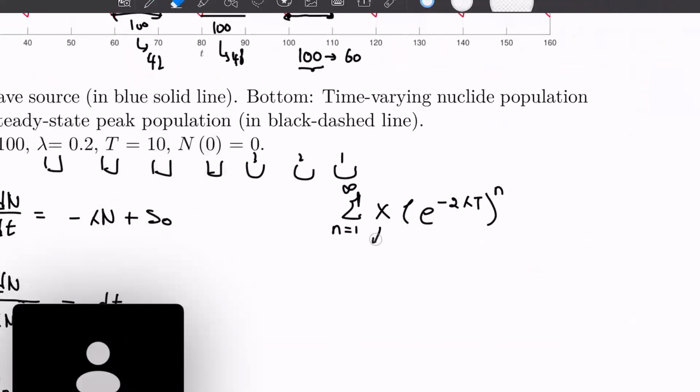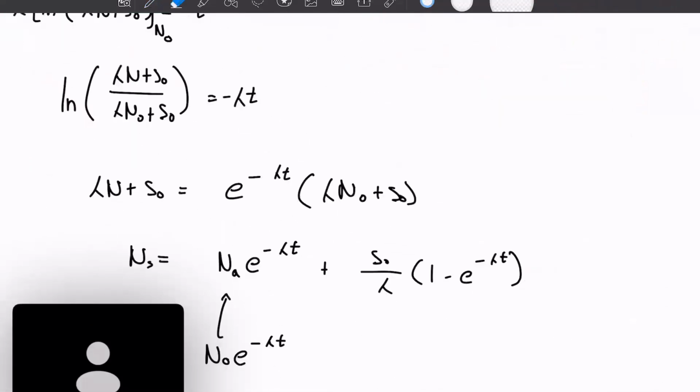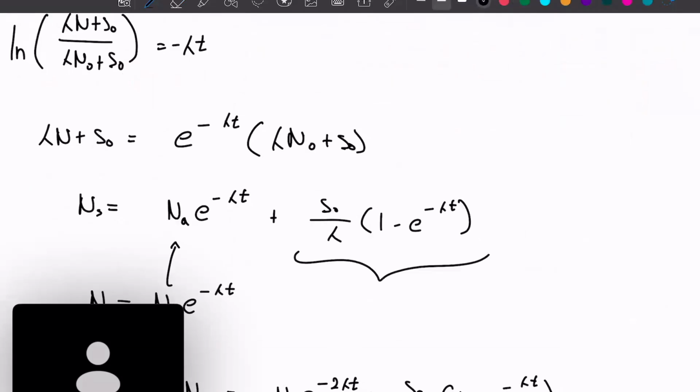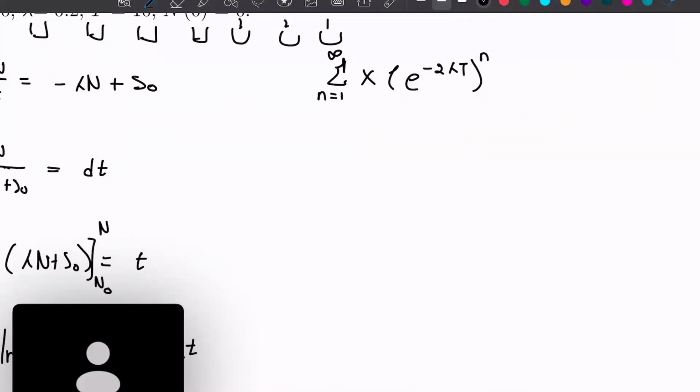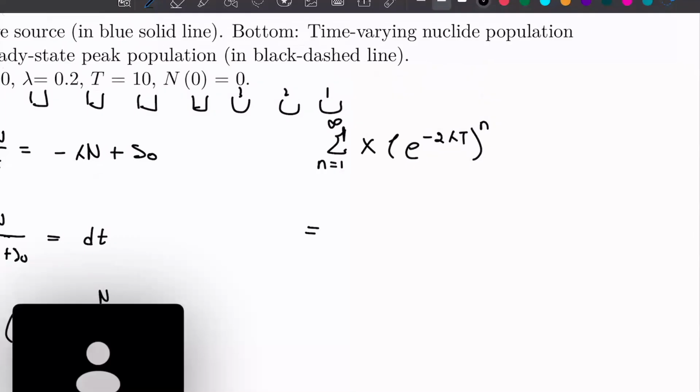X in this case is basically just this. This is how much is being generated by each interval, so we can substitute this in here later. If you haven't noticed yet, this is basically a geometric series. You can evaluate the geometric series.